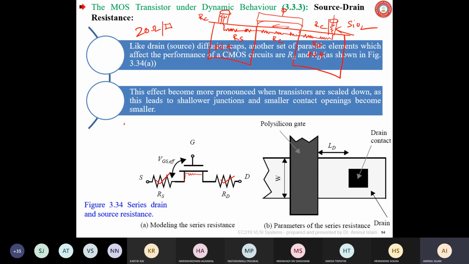Whenever you are talking about the delay of an inverter, so far we have only discussed the load capacitance CL, right? But this is going to drive possibly another gate, maybe an inverter as I am showing now. And this interconnect is having capacitance that I said, but this line is having resistance also.